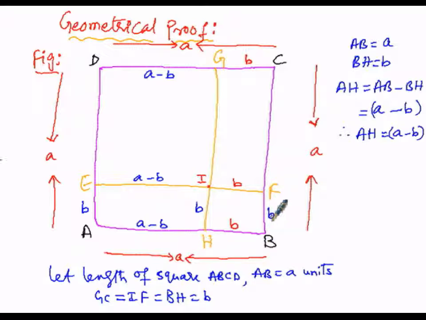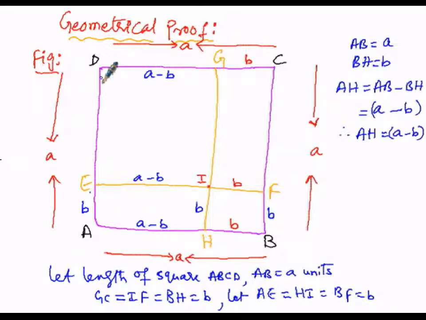So let AE equals HI equals BF, each is B units. Since AD is A units and the part of it AE is B units, in order to get the remaining part, that is DE, from the total length we have to subtract this AE length.